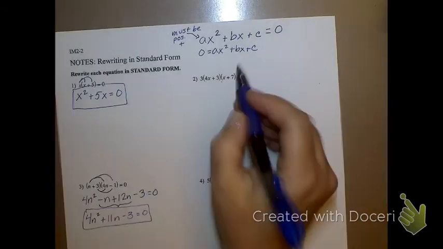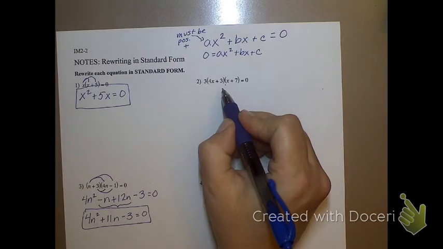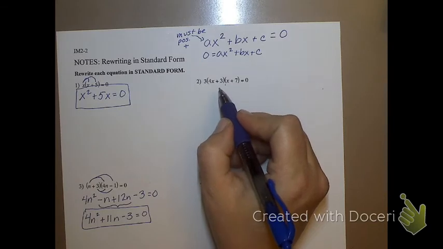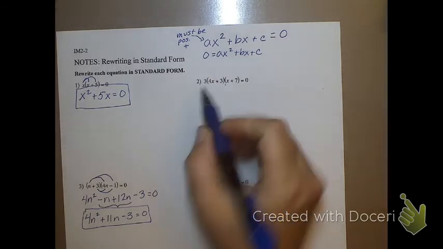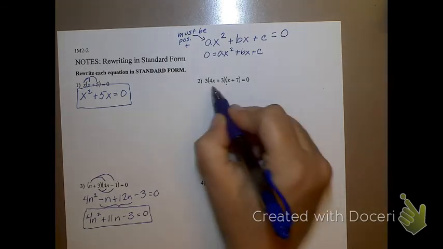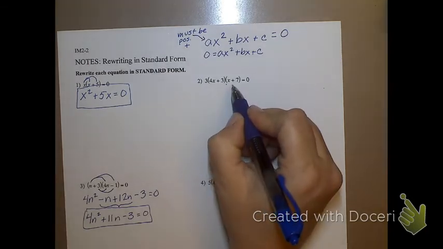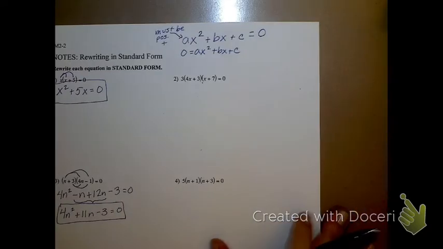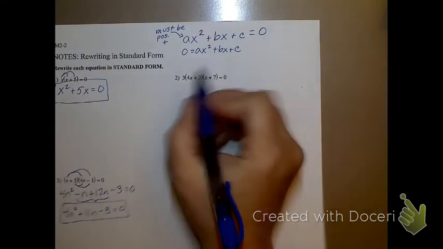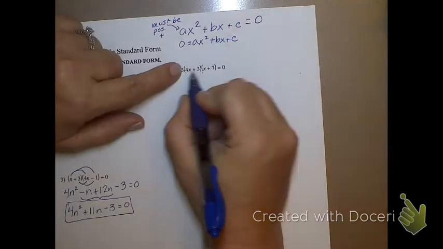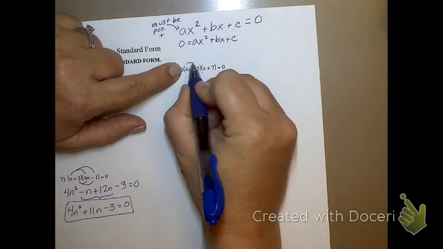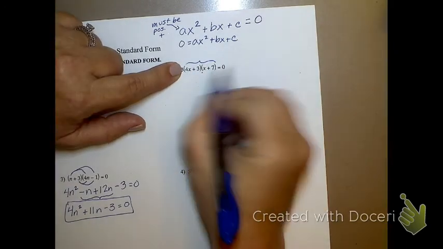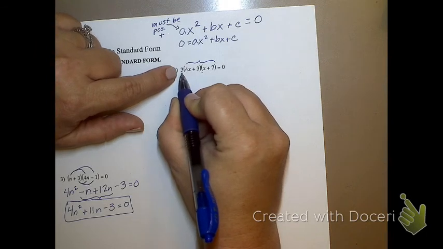Okay. How about up here? What's different about this one? You have a 3 outside the parentheses. I have a 3 outside the parentheses, so I have a couple options. I can either multiply this whole thing together and then at the very end distribute the 3.